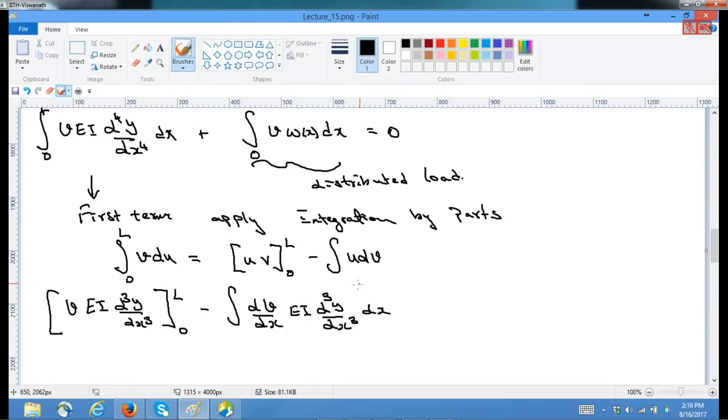This is the first term, and the second term remains as it is, from 0 to L. Further.